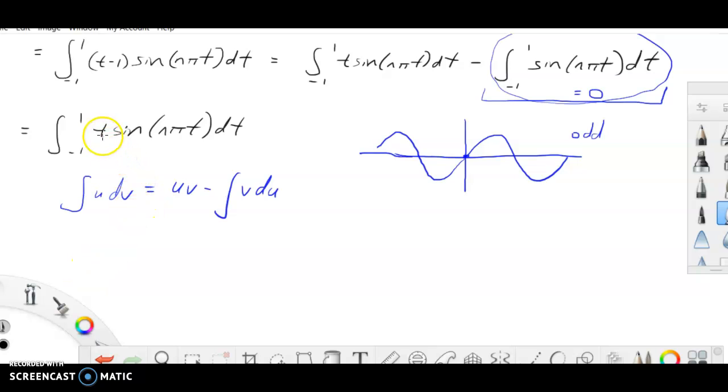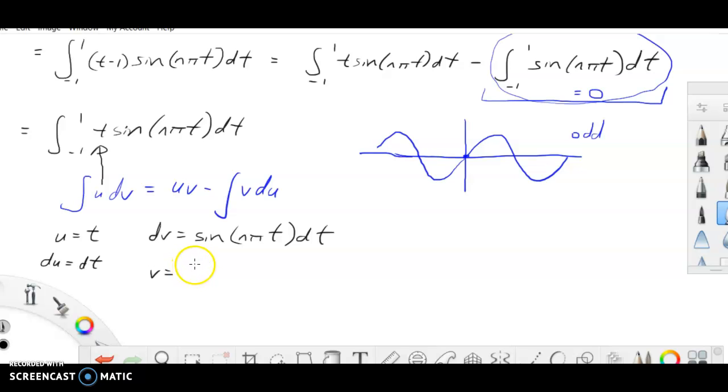Now u, we let u equal t, right? U equals t. So dv equals the rest of this structure. dv equals sine n pi t dt, and du equals dt. And to get v, we need v here, right? V is going to be the integral of this guy. We have to integrate him.